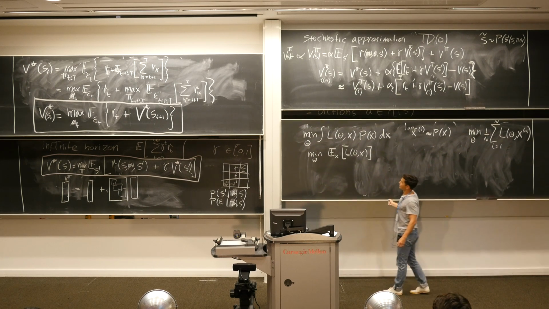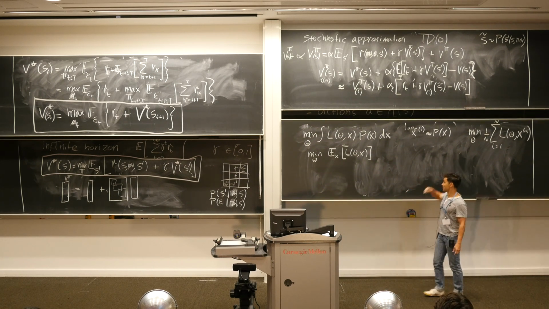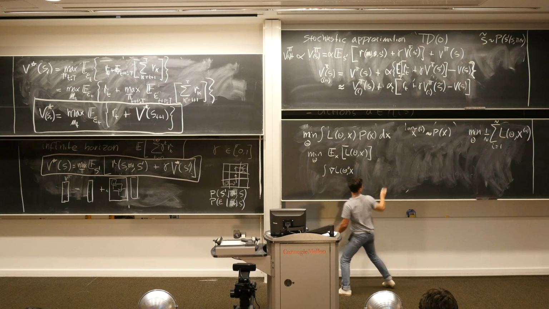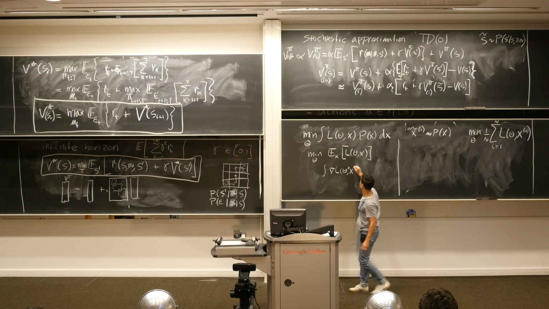What I'm going to do is assume some regularity conditions, and I'm going to argue that the fixed point for this is the integral of grad loss of theta comma x, p of x dx, equal 0.